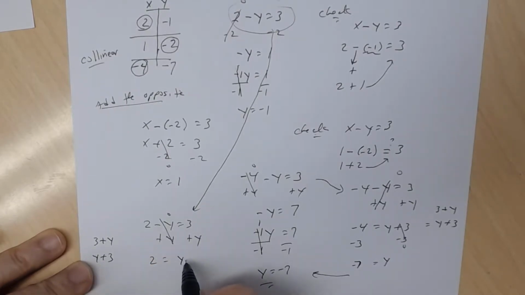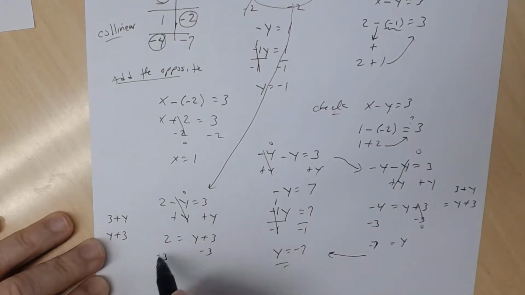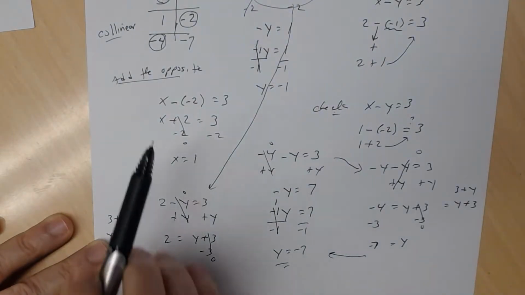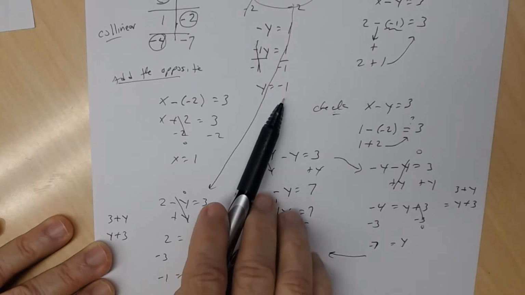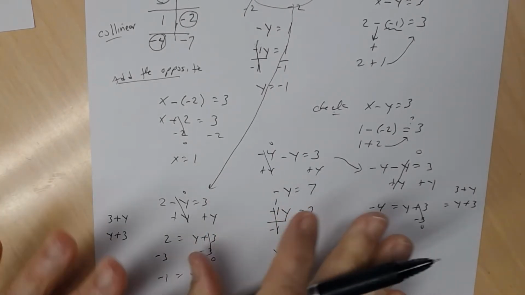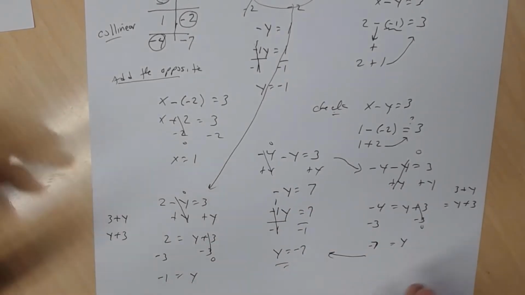So I get y plus 3. Subtract 3 from both sides. 2 subtract 3 is a negative 1. 3 and a negative 3 is 0. So you get y is negative 1. And that's what we had here. Okay, so there are multiple ways to get the variable by itself.